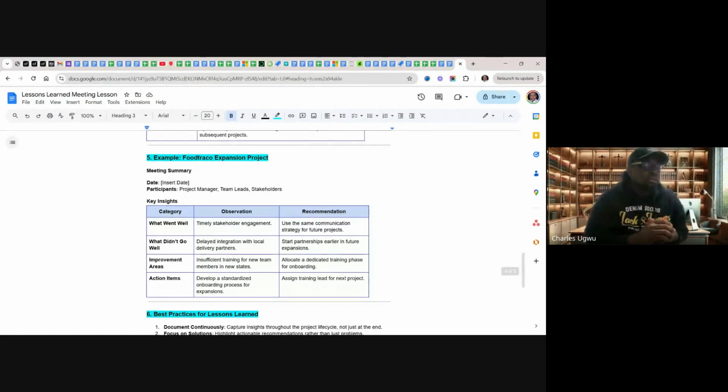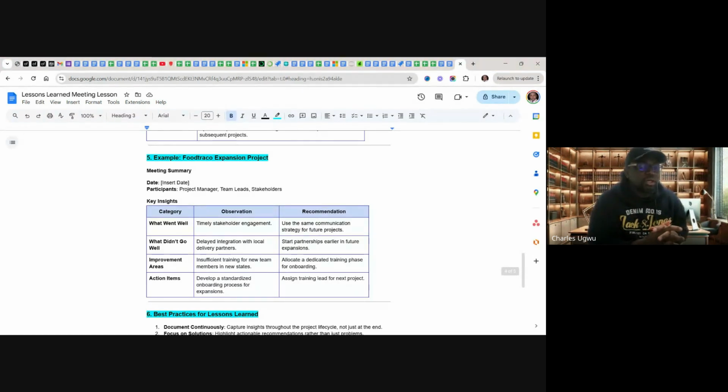And then what went well: timely stakeholder engagement. Use the same communication strategy for future projects. That is a recommendation. It means stakeholder engagement is timely. What didn't go well: delayed integration with local delivery partners.